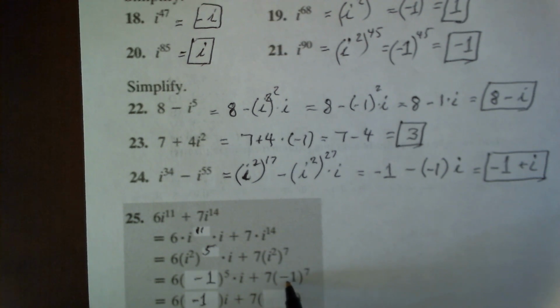And again, here we have 7 times -1 raised to an odd power is equal to -1. So that means we have now -6i minus 7. 7 times -1 is -7. And so then we write it as -7 minus 6i. Since it's a complex number, this is the a part and this is the bi part.